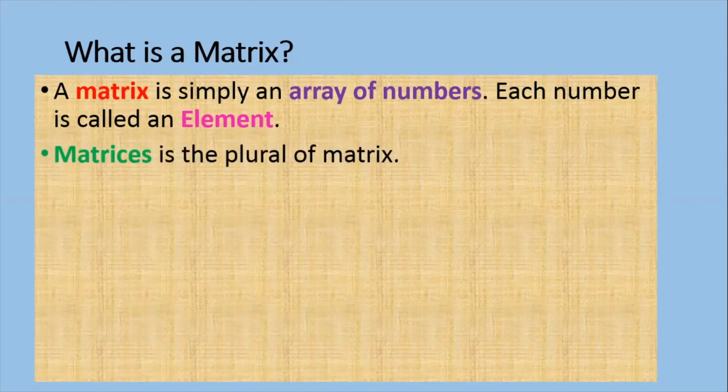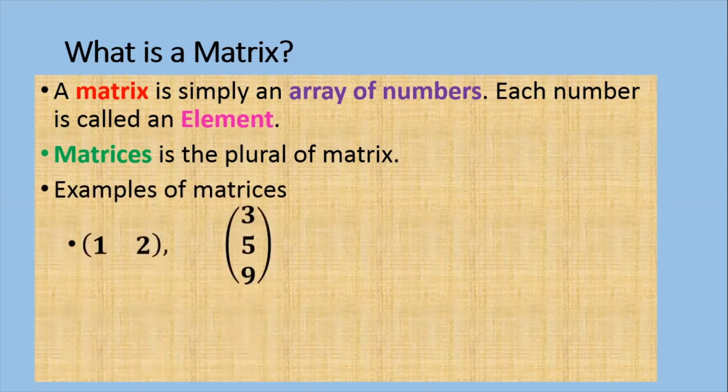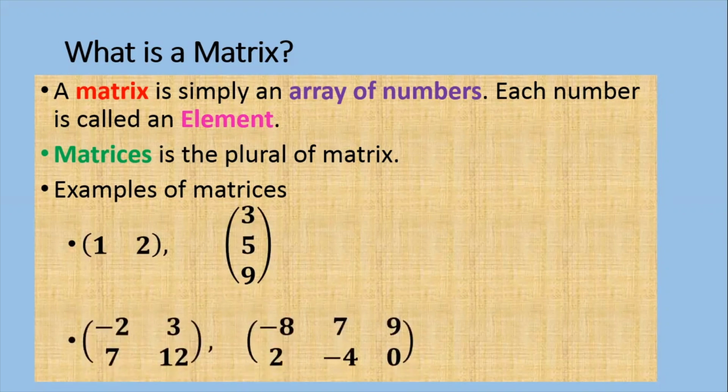Now, sometimes you will see matrix, but you can also see the word matrices. Matrices is the plural of matrix. Let's see some examples of matrices. 1, 2, 3, 5, 9, minus 2, 3, 7, 12, minus 8, 7, 9, 2, minus 4, 0.